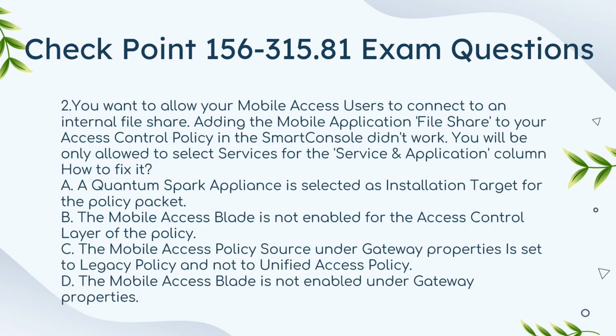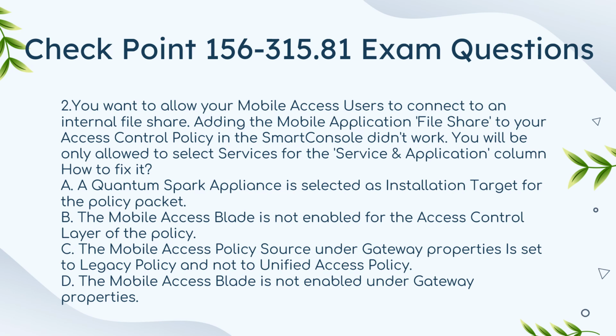2. You want to allow your mobile access users to connect to an internal file share. Adding the mobile application file share to your access control policy in the SmartConsole didn't work. You will be only allowed to select services for the Service and Application column. How to fix it? A. A Quantum Spark appliance is selected as installation target for the policy packet.